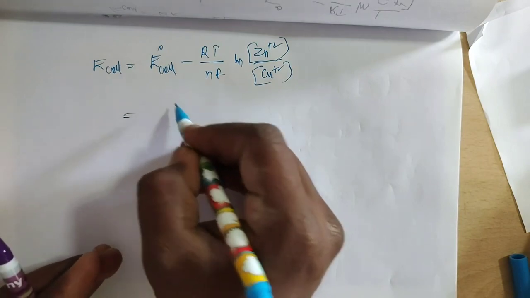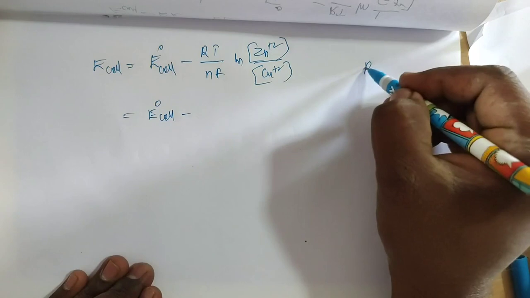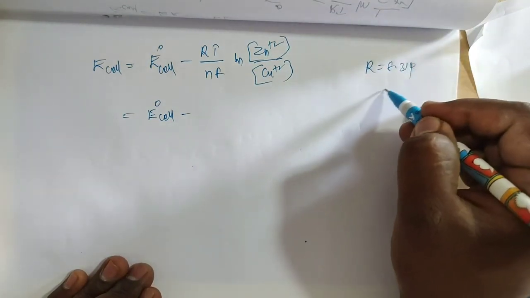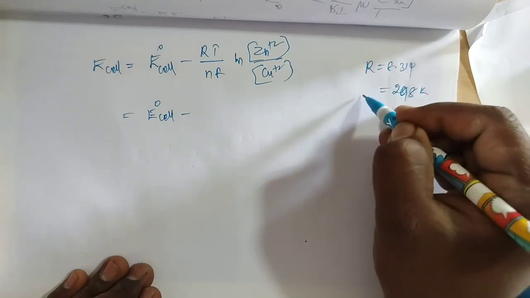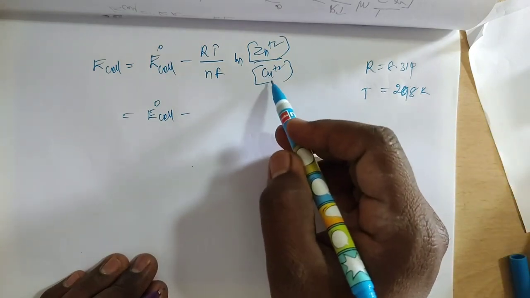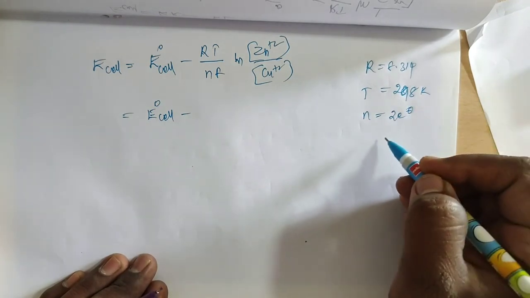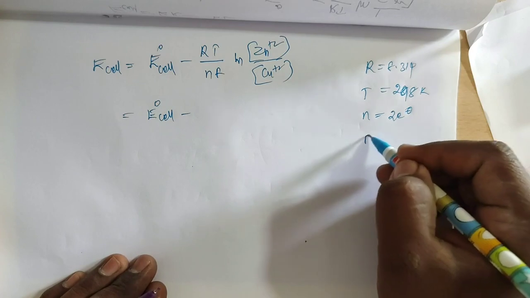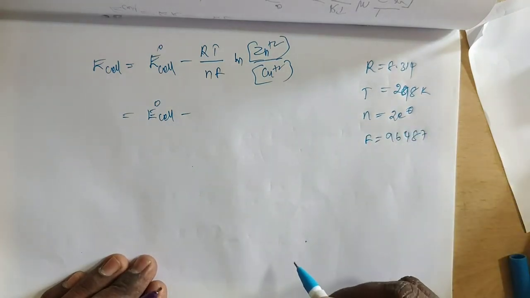So you observe in this E0 cell minus R value, R equals 8.314. T is the temperature, 298 Kelvin. How many electrons are liberated by the zinc and absorbed by the copper? 2 electrons. n is taken as 2 electrons. And F is 96487 coulombs.